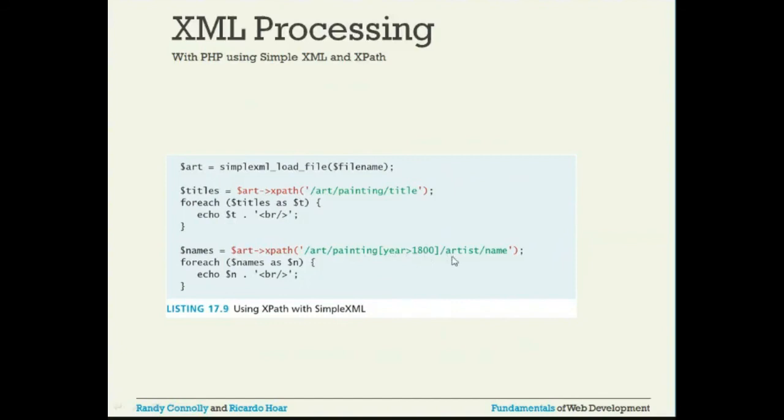Whichever painting has a year greater than 1800 will be selected, and inside those paintings it will look for the artist and the name. In our XML, there are two paintings whose year is greater than 1800, so it is going to fetch two names. For each, the first one will be displayed, a new line, and then the second name will be displayed.